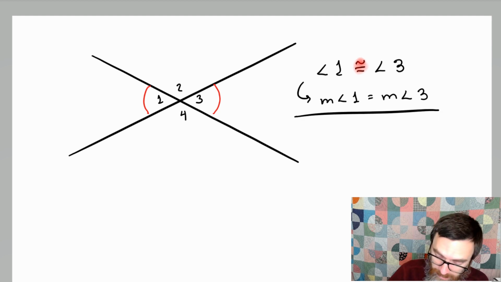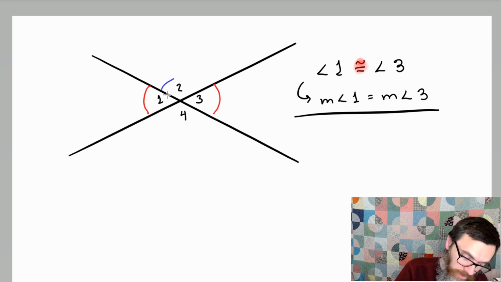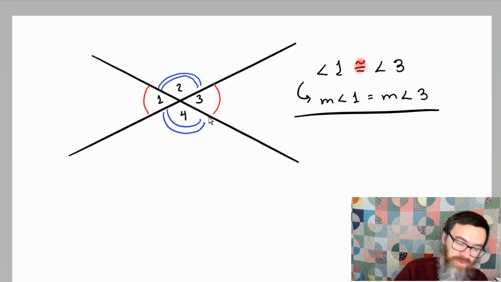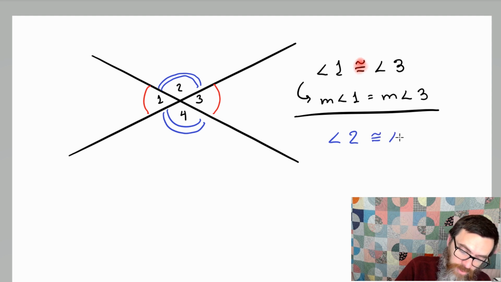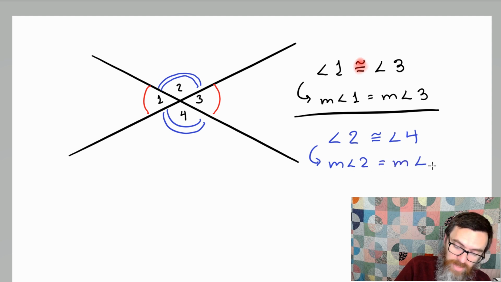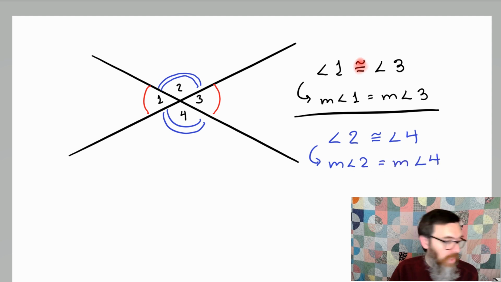Now, that being said, you could look at angles 2 and 4, and since these guys are also vertical angles, we can say that angle 2 is congruent to angle 4, which means that the measure of angle 2 is equal to the measure of angle 4. Again, vertical angles.